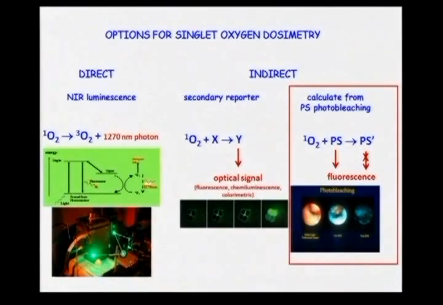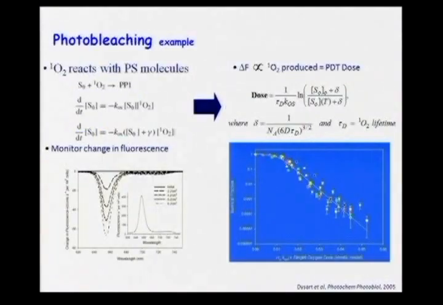So how about this one? We're going to apply some mathematics and calculate the singlet oxygen from this photobleaching. This has been done very elegantly by Michael Patterson's group in Canada, where they set up the equations that describe this process of the singlet oxygen generation, and then the singlet oxygen interacts with the photosensitizer.